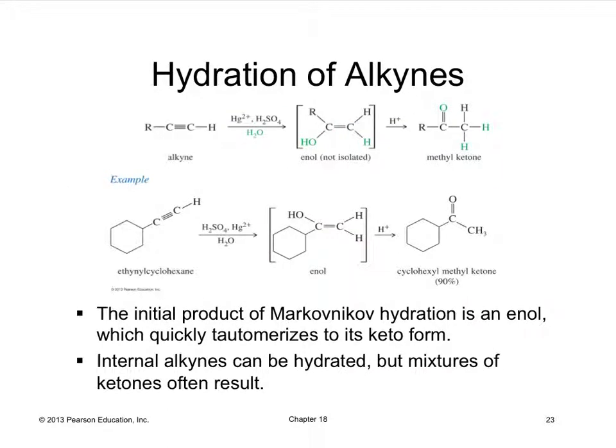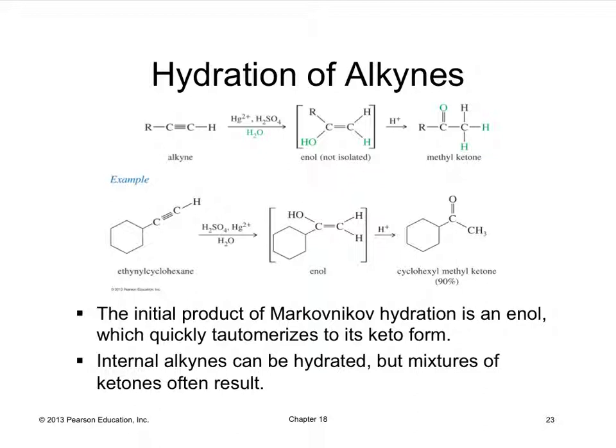And you can hydrate alkynes using oxymercuration. In this case, mercury, sulfuric acid, and water will generate an enol, which then rearranges to the methyl ketone. Here's an example. Again, when you oxymercurate, you get the enol, and then it rearranges to the ketone.